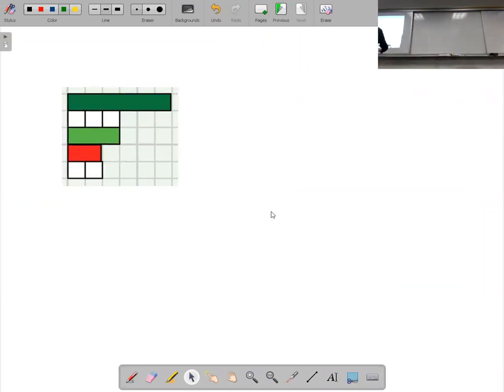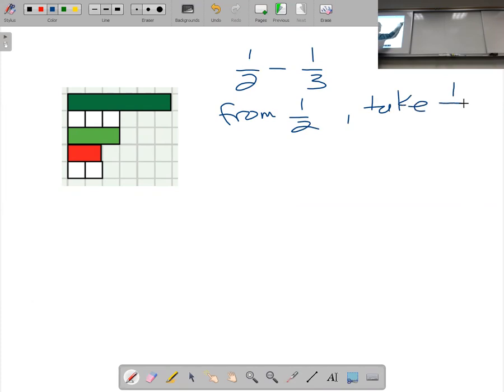All right, so our original goal here was 1/2 minus 1/3, or from 1/2, take 1/3. And that doesn't work directly, so we kind of rewrote the problem. So what are we calling 1/2 instead now? 3/6. Yeah.